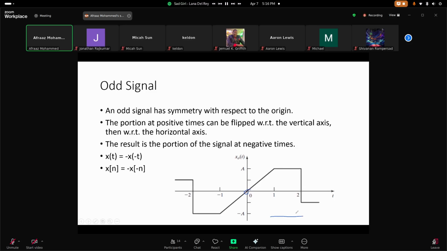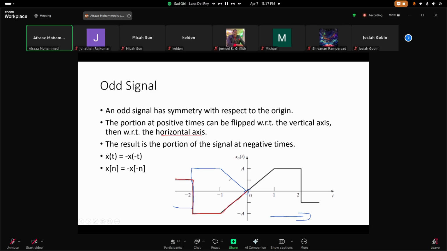These are the positive times here. First we flip it with respect to the vertical axis, so it's going to look like this, then this, then this. That's the first flip. The second flip is with respect to the horizontal axis. So you flip what I drew there in blue, and you get the final waveform. That's the second flip, and the result would be the signal at the negative time.